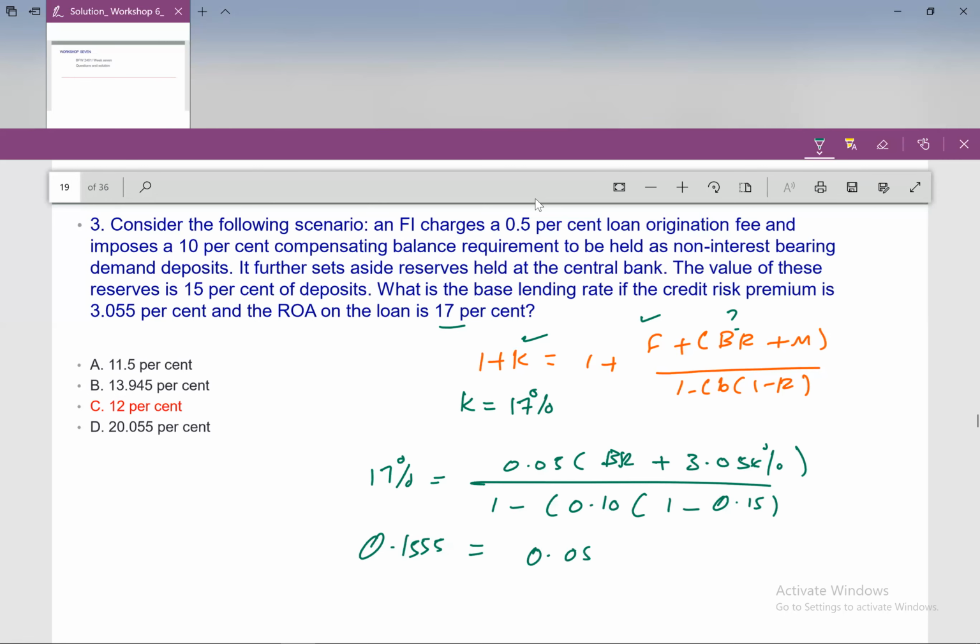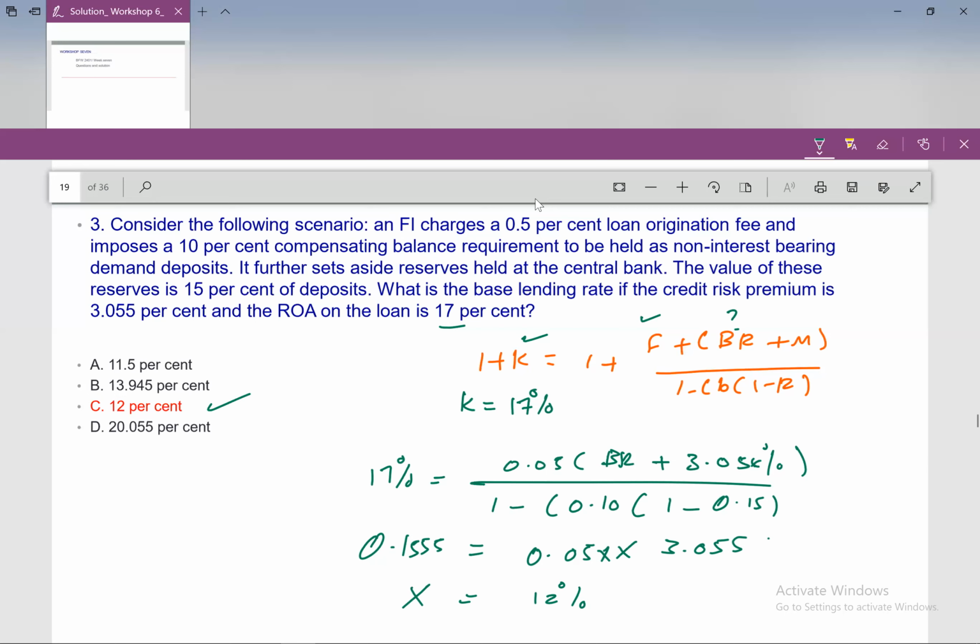I know you are mature enough to do it. I think if you calculate now for the X, you will find that 12%, which is this one.